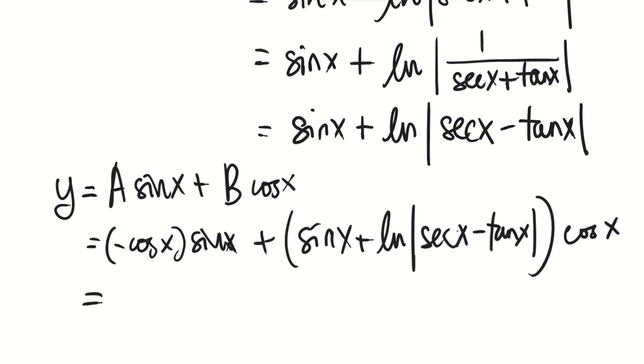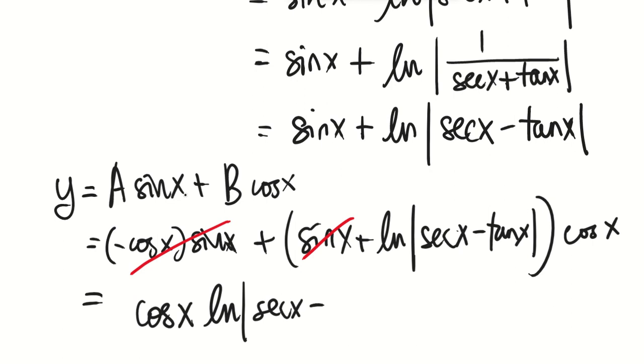We can look at some terms that cancel. So in the end, we get cos x times the natural log of secant x minus tangent x. So in conclusion, this is a solution to our original differential equation. And as I said, it's quite a complicated one, and therefore test functions won't really help much.